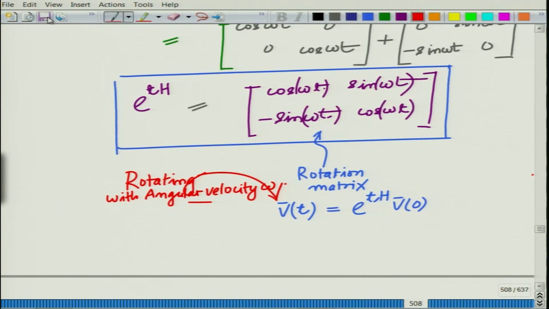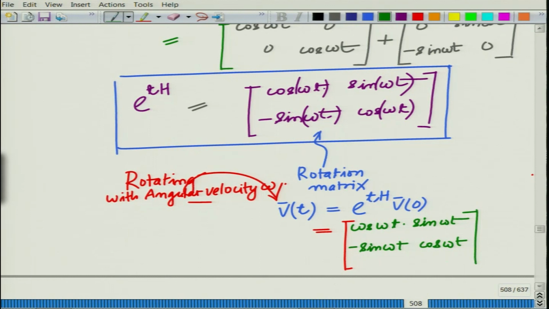That is essentially what this is doing. So, this is essentially going to be cos omega t, sin omega t, minus sin omega t, cos omega t times V bar 0, and what we are saying is this is a rotation matrix.